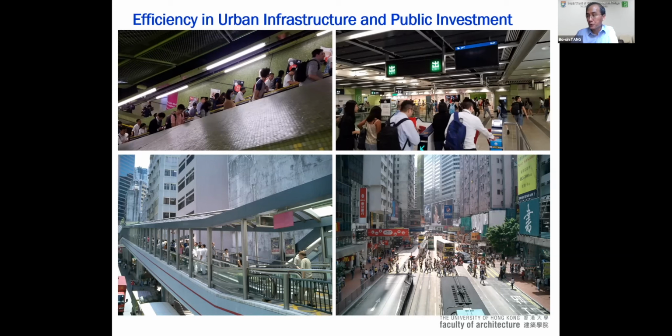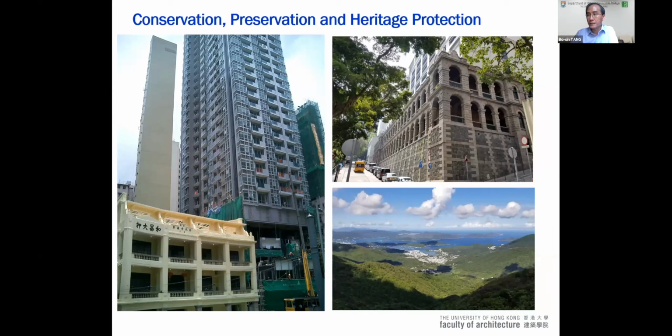Compact city development can also support conservation and preservation of our valuable natural and built assets. In this example, we can transfer the plot ratio of this heritage building to a nearby site by expanding vertically upward instead of horizontally. We do not need to demolish and remove these assets.